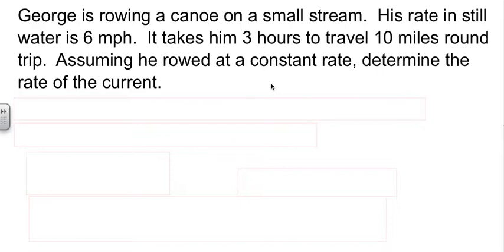It's going to take him 3 hours to go 10 miles round trip. Assuming that he went at a constant speed, he didn't speed up in places, he didn't slow down in places, he didn't get tired. I know that's not feasible, but we're going to practice it anyway. Assuming he went at a constant speed, I want to know how fast the current of this little stream is.